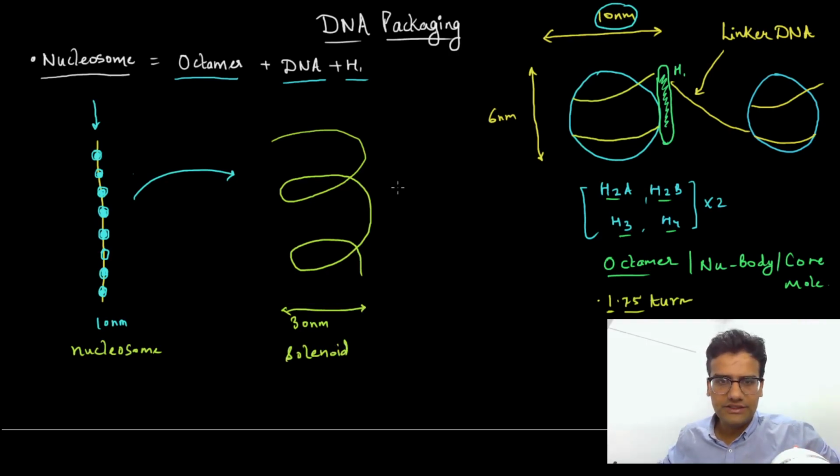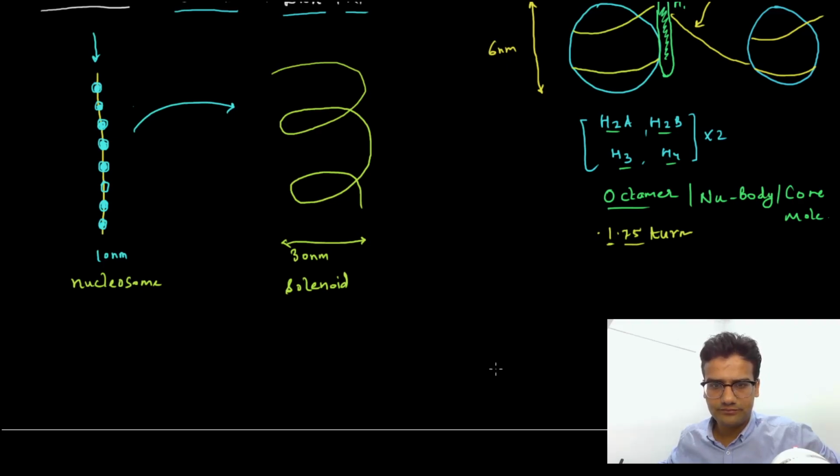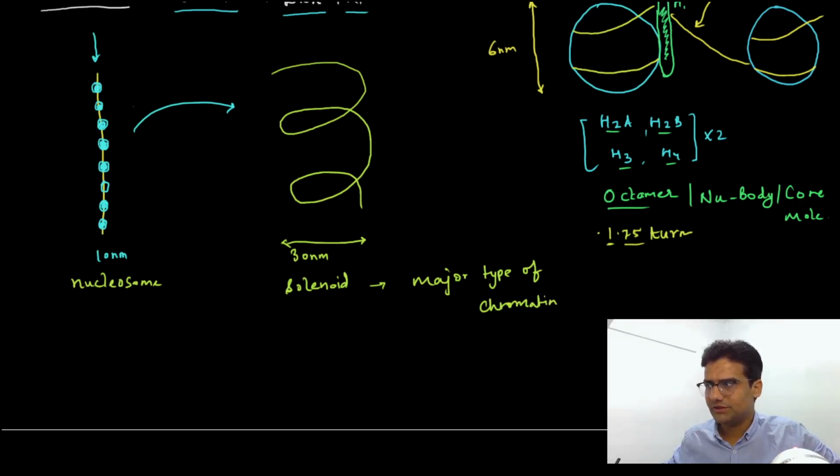This solenoid is probably the major type of chromatin fiber, so it is also known as chromatin fiber.